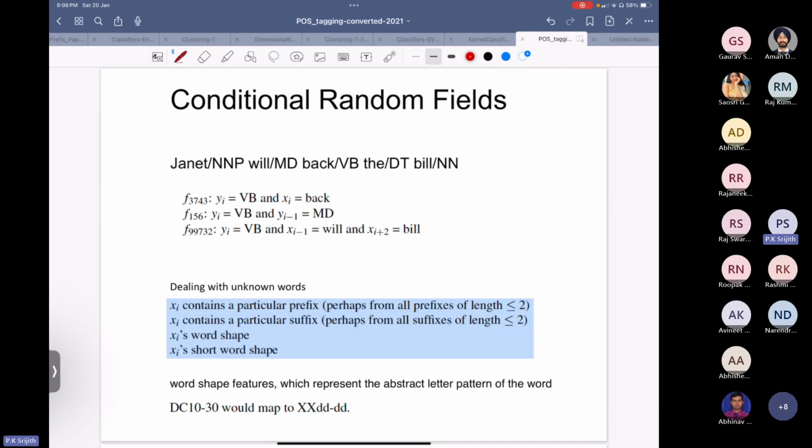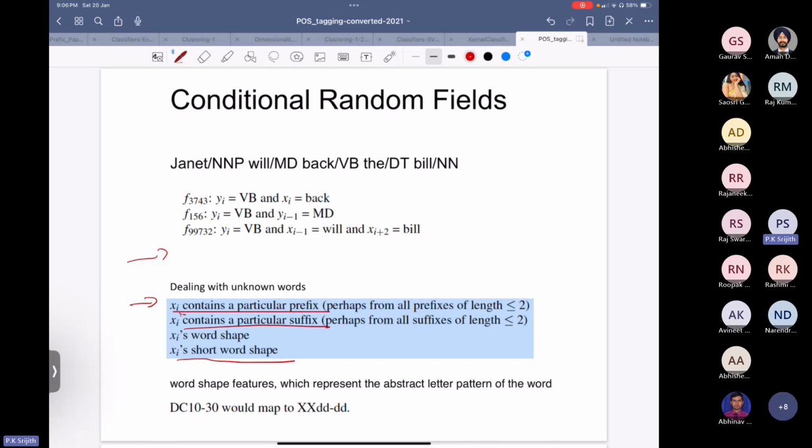Here is one more example that you have. This could be some set of features one can consider as part of a conditional random field, like xi contains a particular prefix, xi contains a particular suffix, xi is the word shape, or maybe the length of the word, etc., can be a feature.